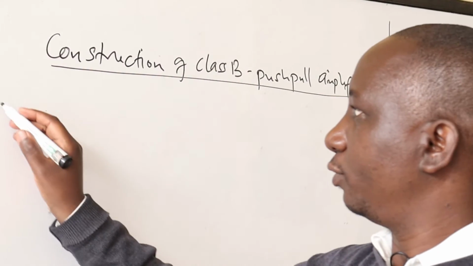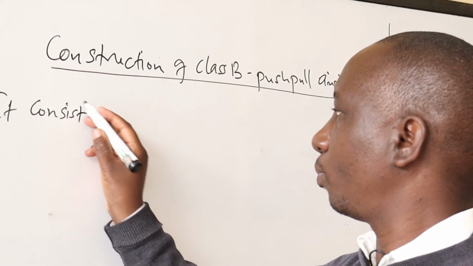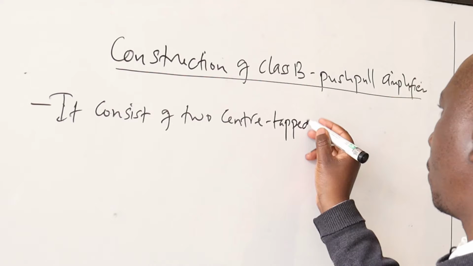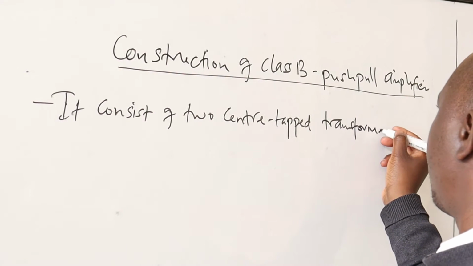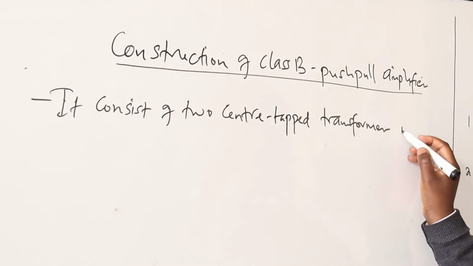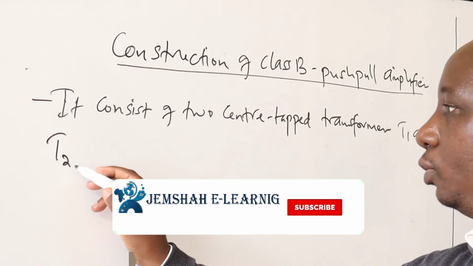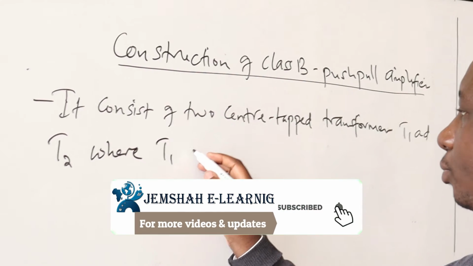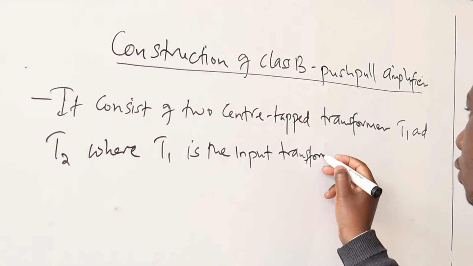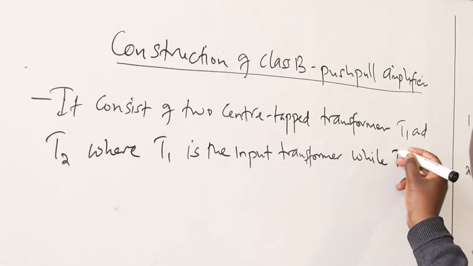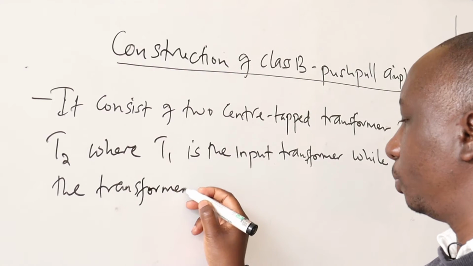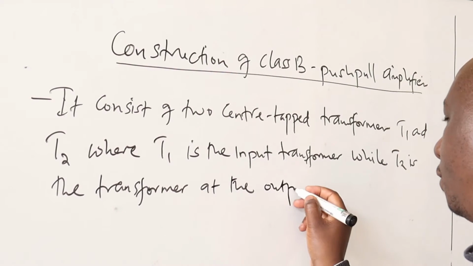It consists of two center-tapped transformers, T1 and T2, where T1 is the input transformer, while T2 is the transformer at the output.